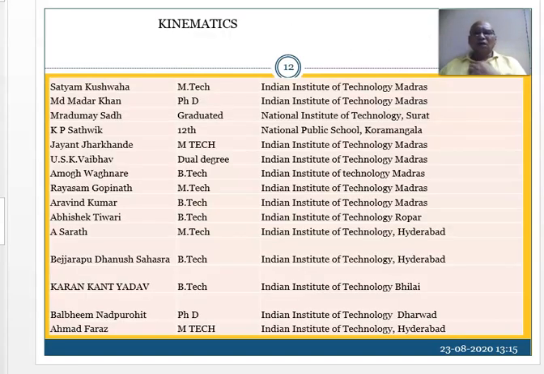So in this program, 15 students from different IITs, maximum from IIT Madras, and then IIT Dharwad, IIT Hyderabad, IIT Bhilai, IIT Ropar participated in this, and one from NIT and one school student also participated.